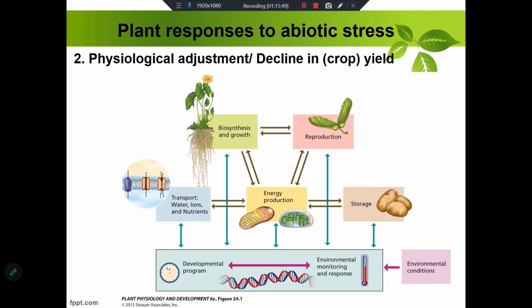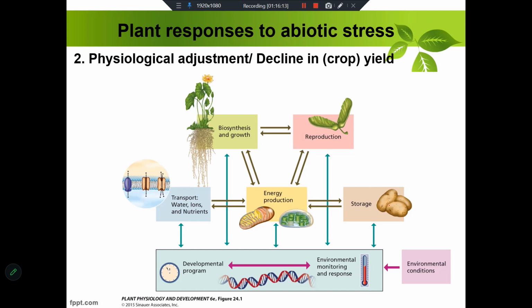And if you depend on the leaves of a plant, then they won't allocate for leaf production, that is vegetative growth. They will allocate more for the production of flowers and seeds, but we don't consume them. So that will be a yield loss or crop loss for us.